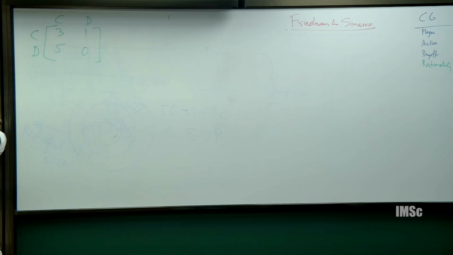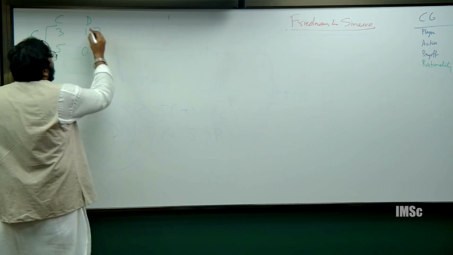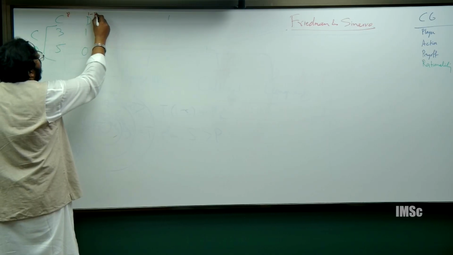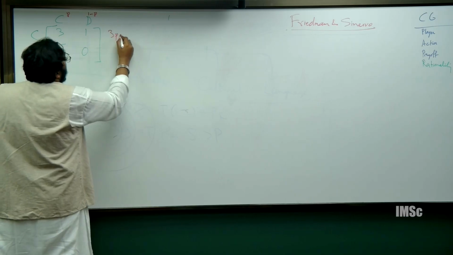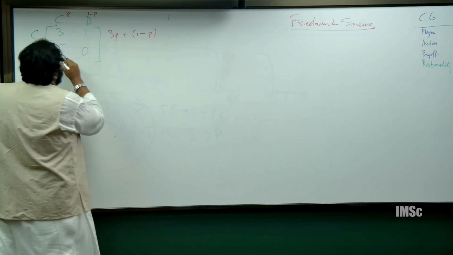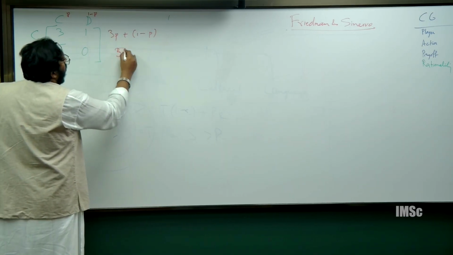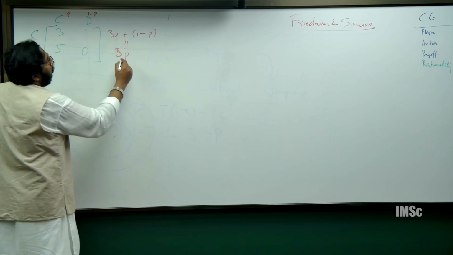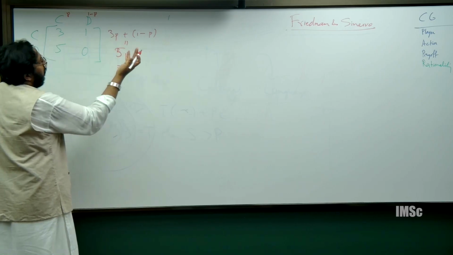Is there an interior Nash? Let's see. To find the interior Nash, what do we do? We put P and 1 minus P, then we do 3P plus 1 minus P, and this is 5P, and 5P equal to 3P, sorry, what do I want? Yes, I want them equal, right?